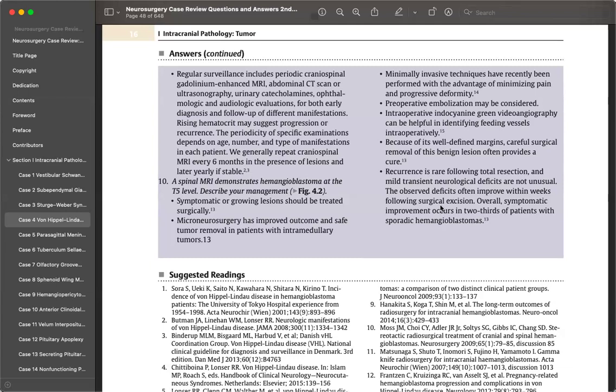Type 1 is any manifestation of VHL, typically hemangioblastoma and renal cell carcinoma, except pheochromocytoma. Then type 2A, pheochromocytoma is characteristic and renal cell carcinoma is rare.